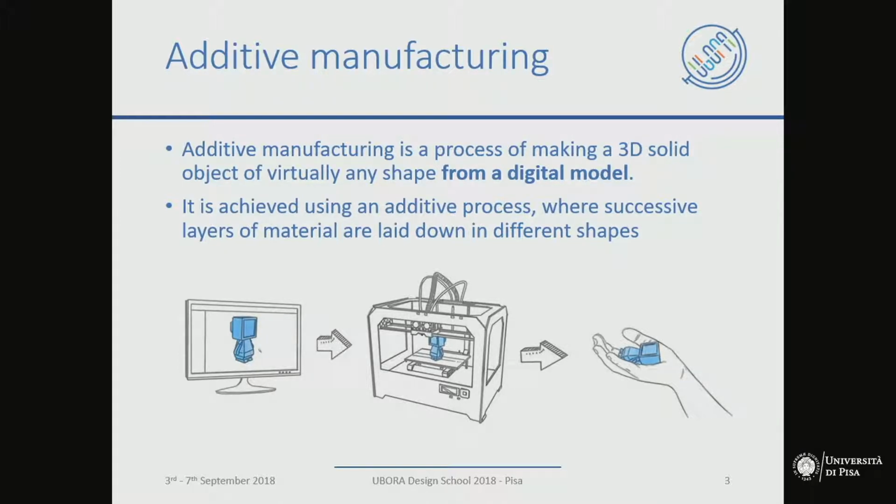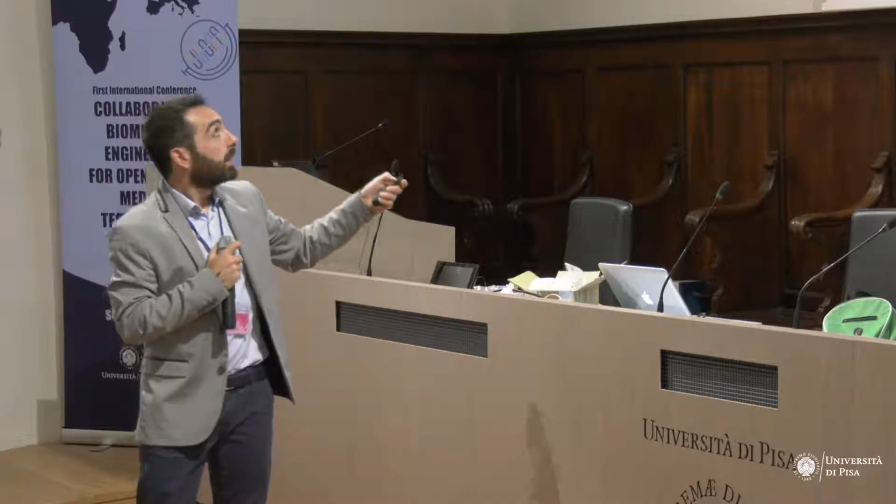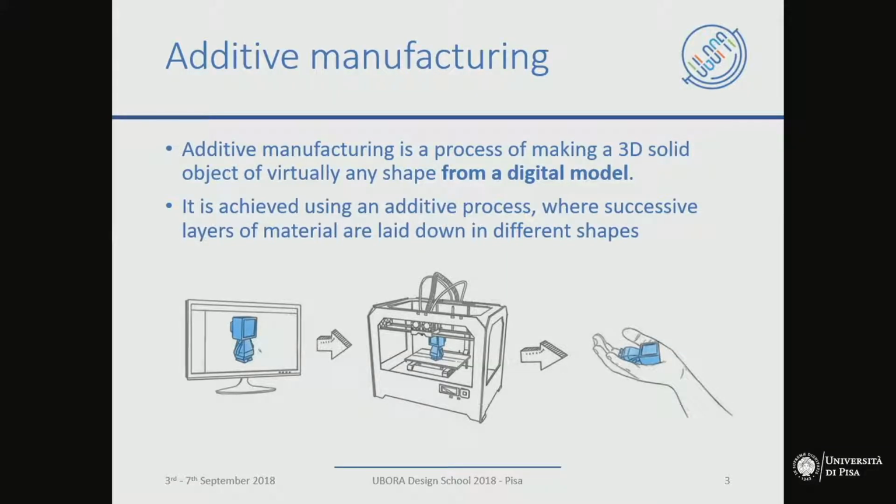So, additive manufacturing is a process for creating a 3D object starting from a digital model. This is the first key point of additive manufacturing.